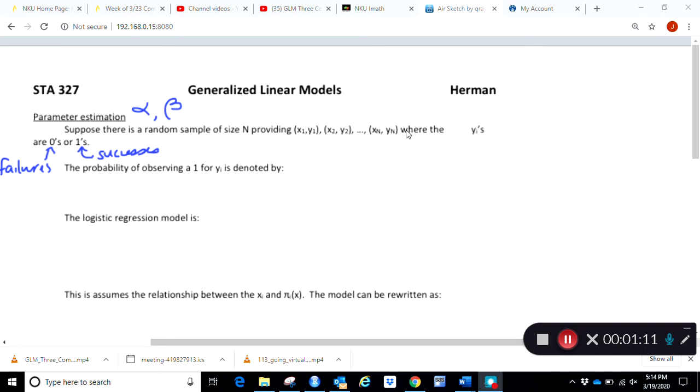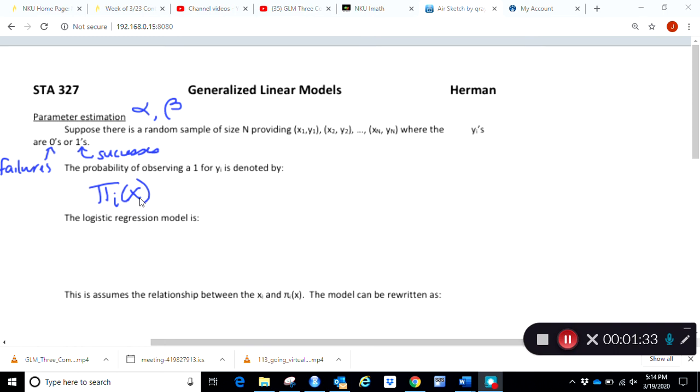So then the probability of observing a 1 for y is going to be written as pi_i of x. So i will let us know for that specific observation i, the probability of getting that success is going to be pi_i of x.